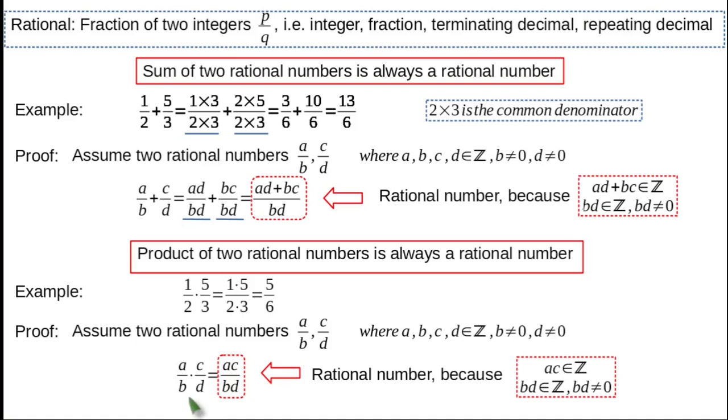If I multiply these two arbitrary rational numbers together, a over b times c over d, I can multiply their numerators together, a times c, and I can also multiply their denominators together, b times d. The final result is still a rational number because a times c is an integer and b times d is also a non-zero integer because b and d cannot be equal to 0. So we have proved the product of two rational numbers is always a rational number.